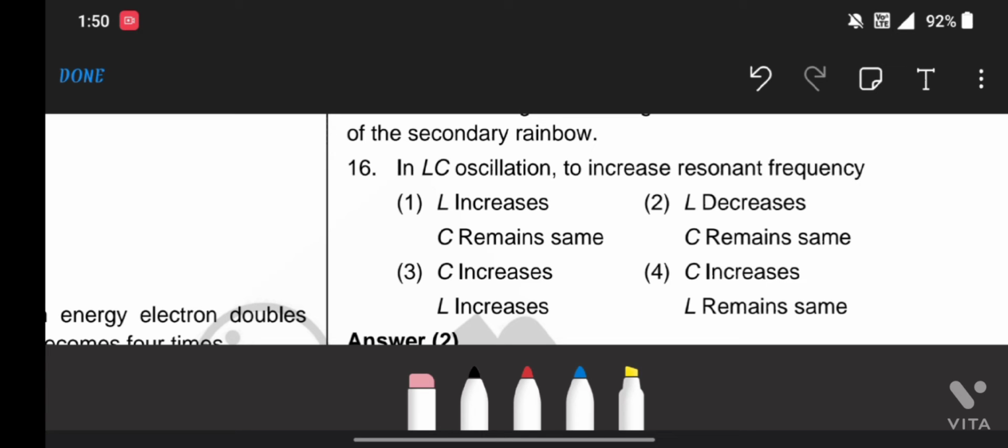They have given a small question: in LC oscillation, to increase the resonant frequency, should we increase L with C remaining the same, or decrease L with C remaining the same, or increase C and L also increases, or increase C with L remaining the same?